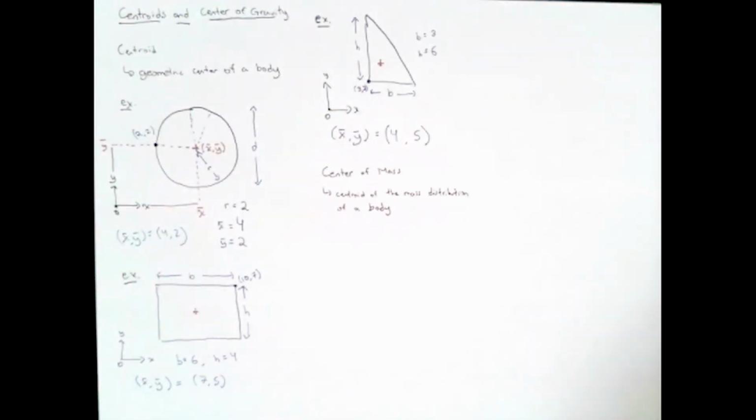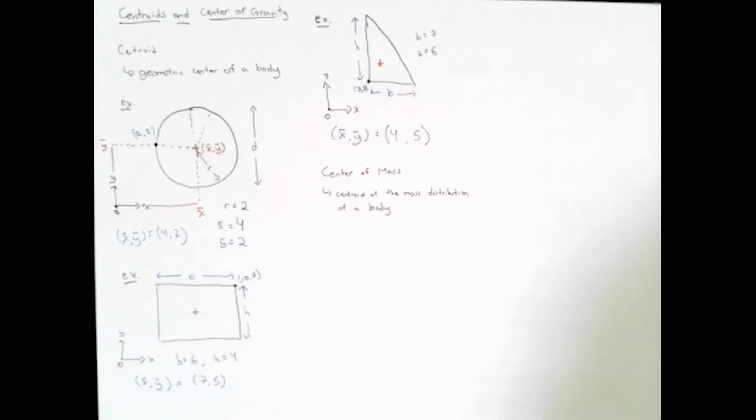Now, what do I mean by that? When I say the centroid of the mass distribution, I mean that if you were to stand on the center of mass and look in any direction in a body, your line of sight would essentially see the same amount of molecules. In other words, the same amount of mass.